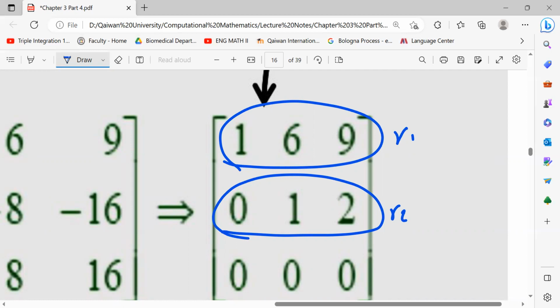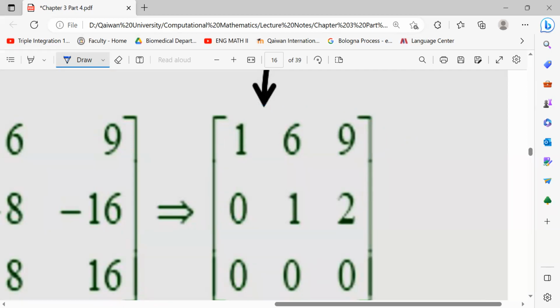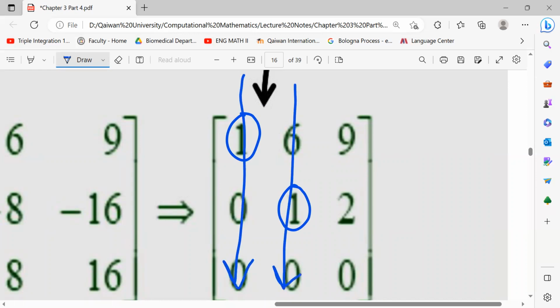What if it's asking about the basis for the column space? Look, we have leading entries in these 2 positions, in the first column and in the second column. So what are the bases for the column space?